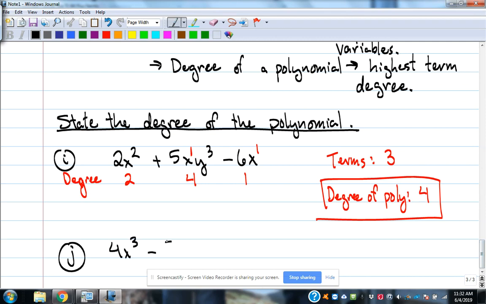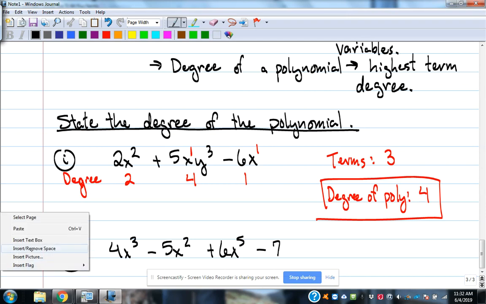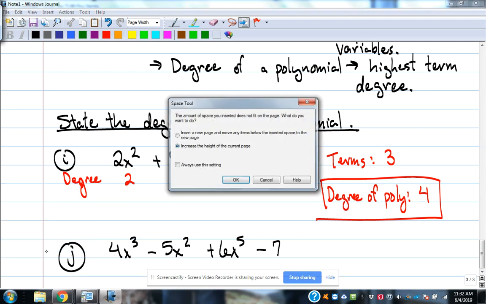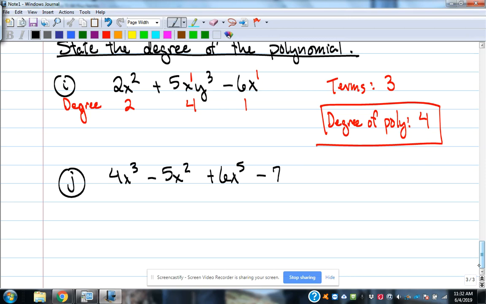4x cubed minus 5x squared plus 6x to the fifth minus 7. Okay, so this one may be an easier one because it doesn't have multiple variables, but it's got how many terms? 4 terms. All right, 4 terms, and we need to find the degree of each of those 4 terms.